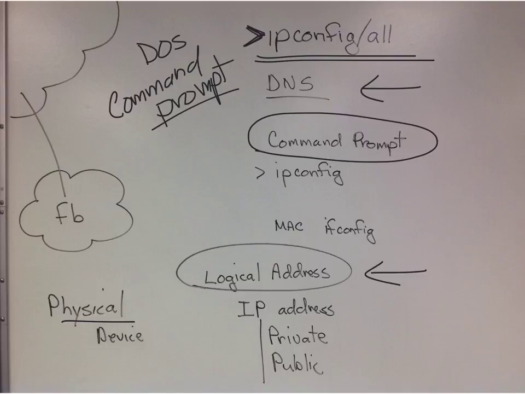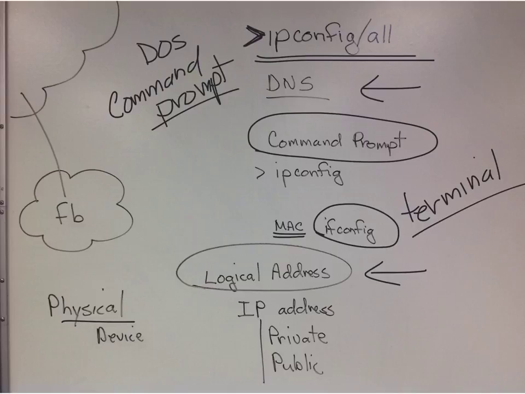So we talked about command prompt, we talked media access control, we talked about in a Mac computer, you can use ifconfig from the terminal. And we talked about logical addressing.